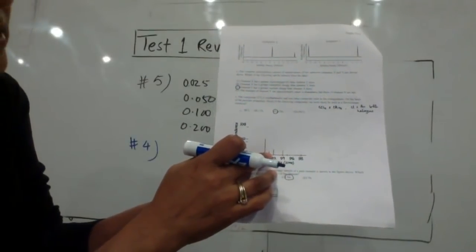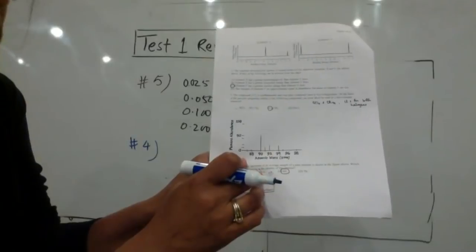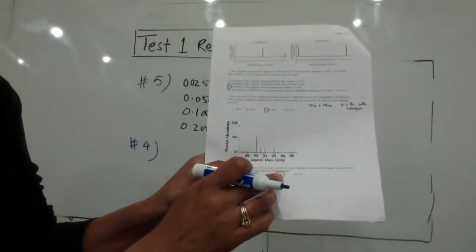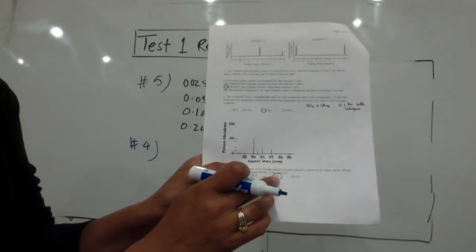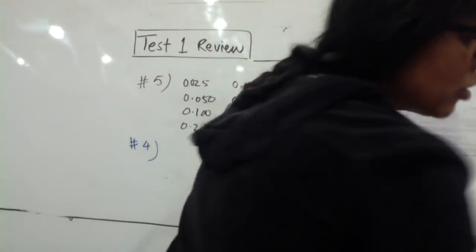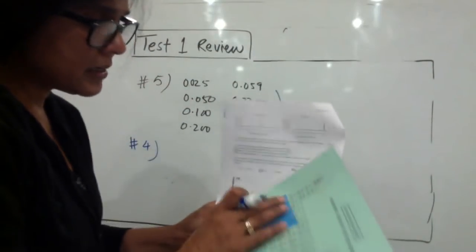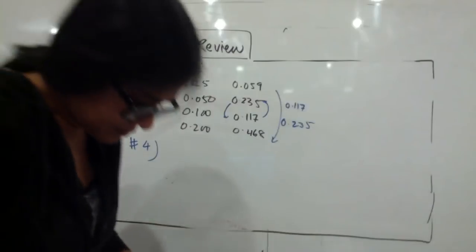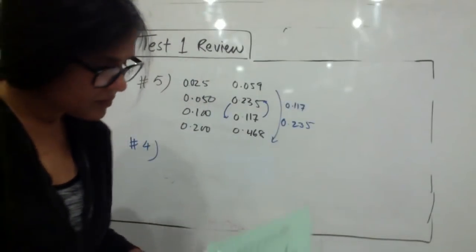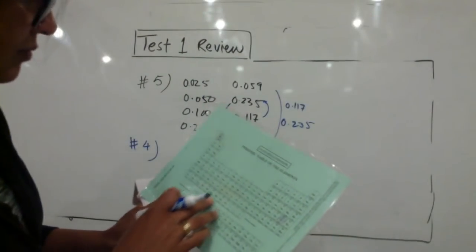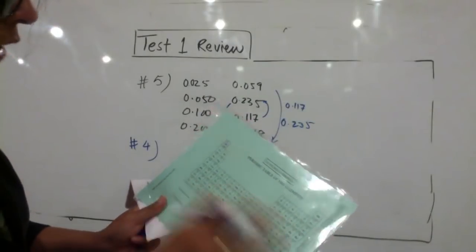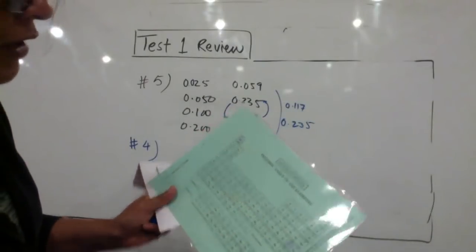But if you look at zirconium versus niobium, I picked niobium to be the right mass, and niobium's mass is 92.91 and zirconium is 91.22.